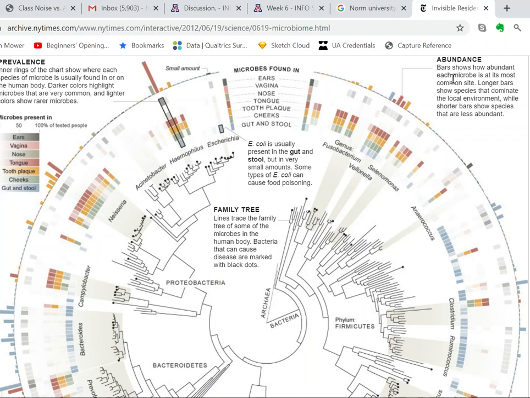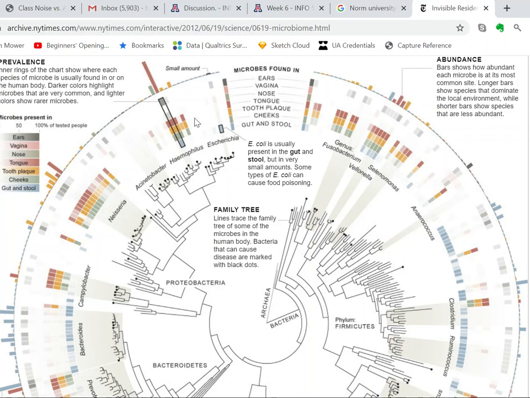This shows how abundant each microbe is at its most common site. The longer bars show the species that dominate this local environment. So this certain species dominates the tongue, and to what extent it dominates.